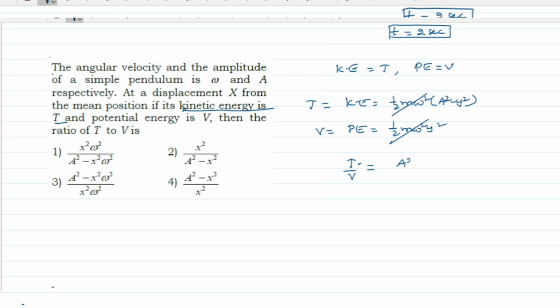Here we will be getting a square minus y square by y square. Some x value is given as the displacement, so instead of y you can take x square, and here also x square. So a square minus x square by x square. This is the ratio of the kinetic energy to the potential energy values.